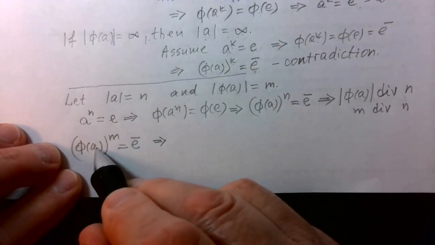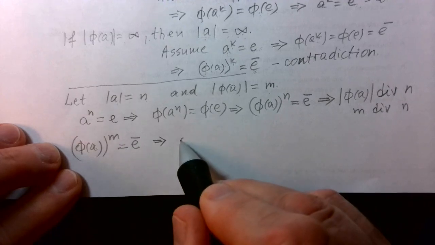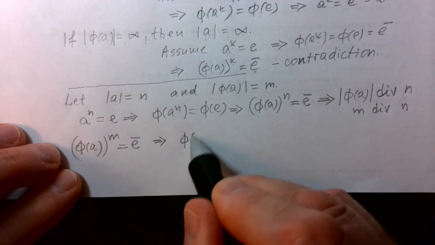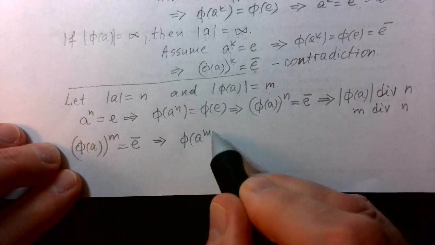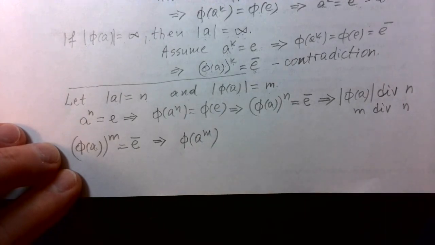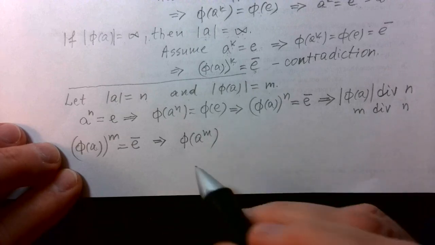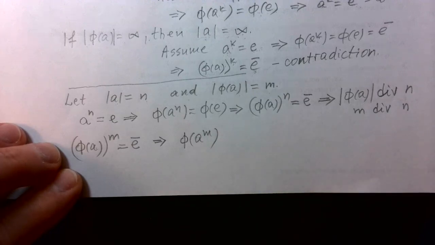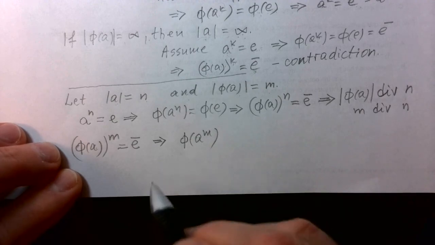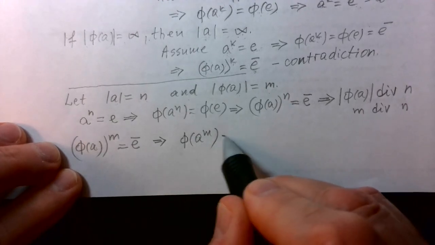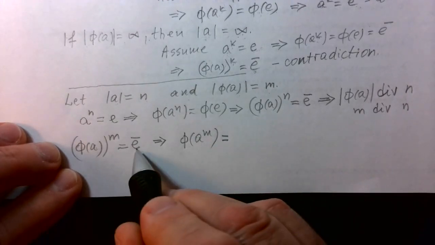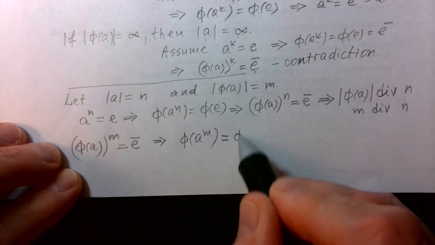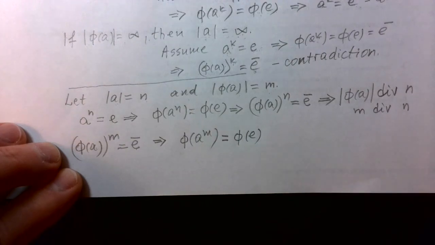So write m inside here. Phi of a to the m, according to property 2 of theorem 6.2, we can do that. Then to the right we can replace e bar with phi of e according to property 1.